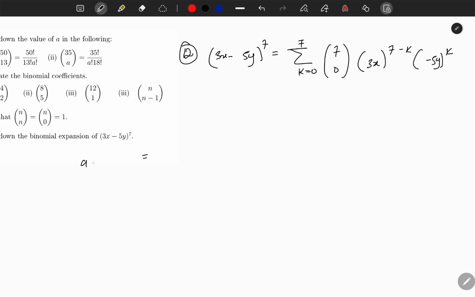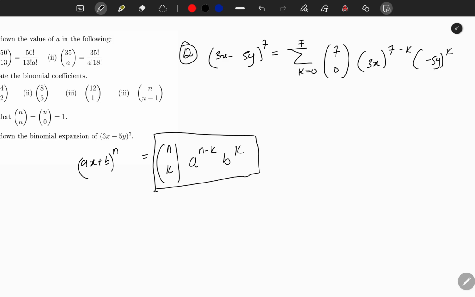I don't know if you are aware, but we usually have, for example, (ax plus b) to the power n. We usually have n combination k, we get a to the power n minus k, then we get b to the power k. You remember this?